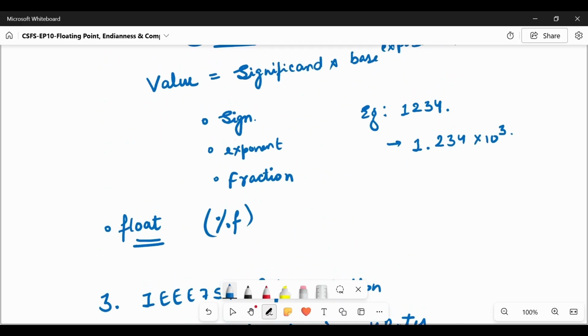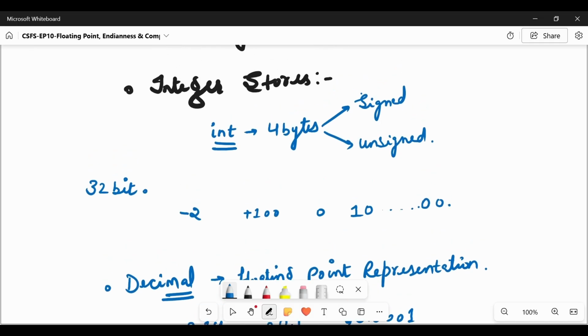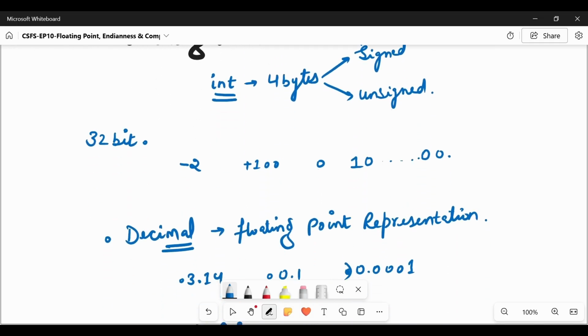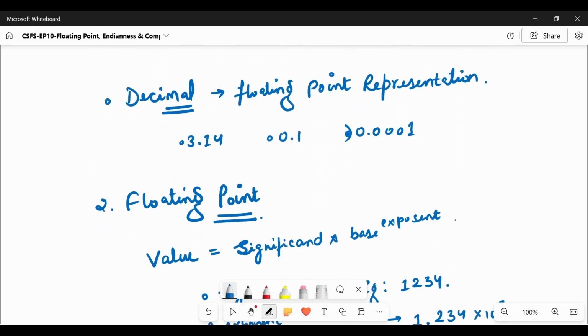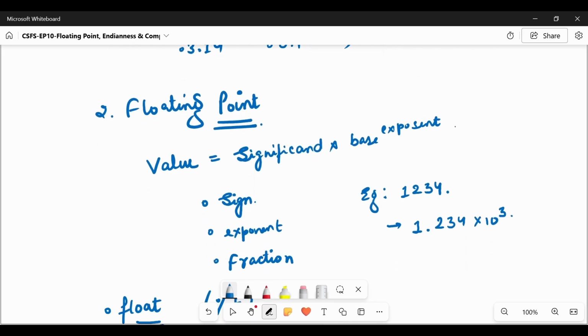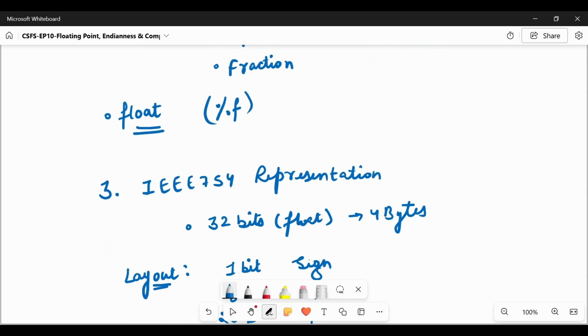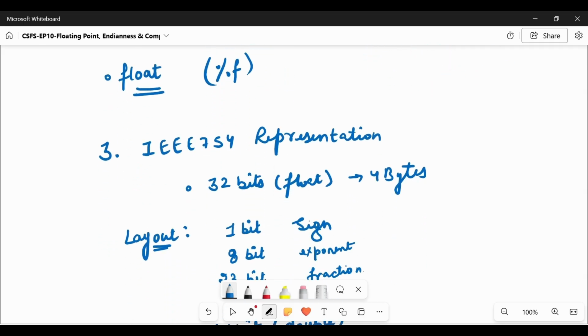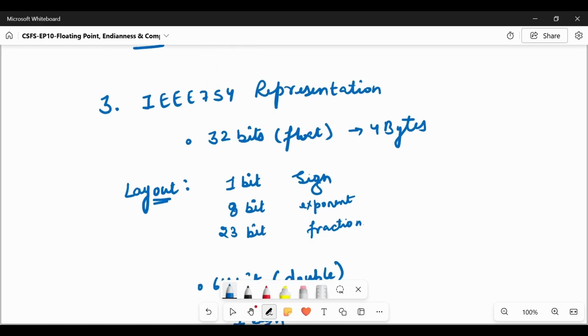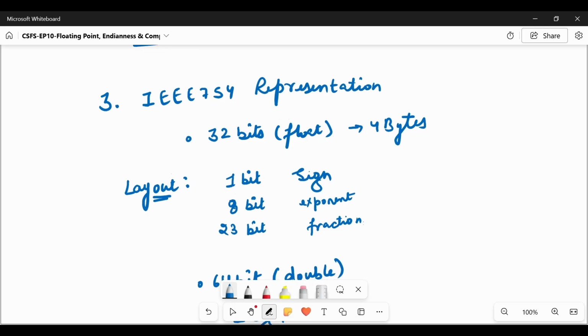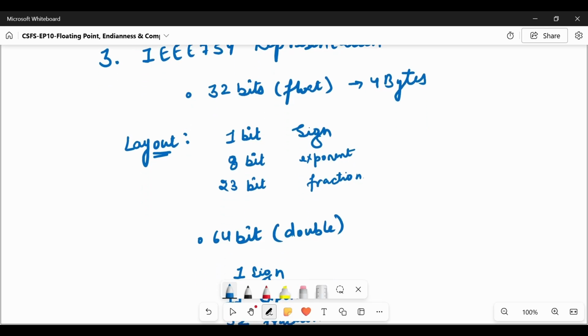Why are integers not enough? Why do we need floating point numbers? Basically for decimal point representation. What does floating point number mean, and what does it store? Sign, exponent and fraction. In IEEE 754, for single precision, that is 32-bit float values, we have 1 bit for sign, 8 bits for exponent and 23 bits for the fraction part.